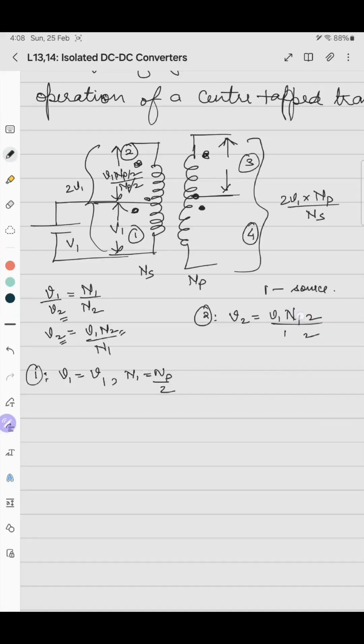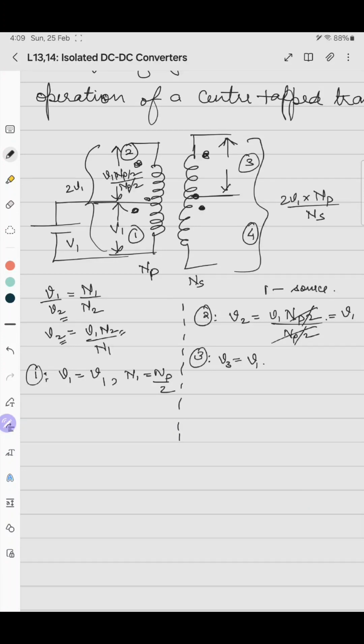So we have NP by 2 and here NP by 2, and this will get cancelled. This will be V1. Voltage induced across the third winding, that is V3, will be V1 into number of turns across 3. What is V3? We have interchanged primary and secondary. This is NP and this is NS.